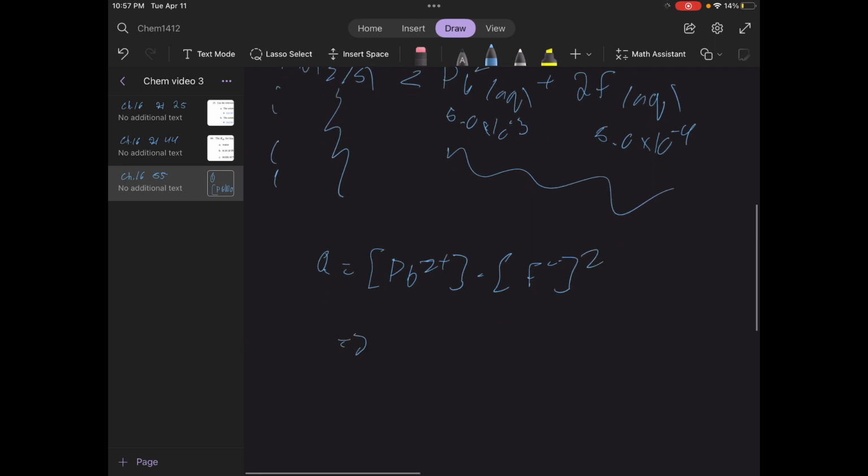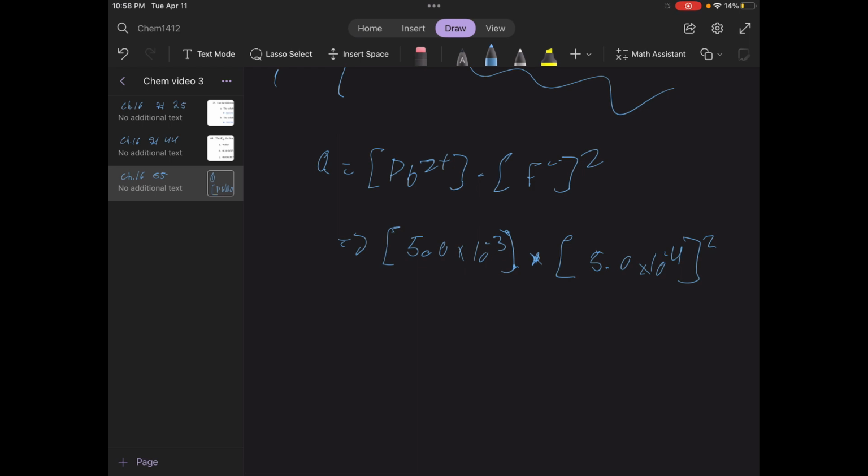Plugging in our values, we get 5.0 times 10 to the negative 3 times 5.0 times 10 to the negative 4 squared. Plugging these values into our calculator, we get that Q is equal to 1.25 times 10 to the negative 9.